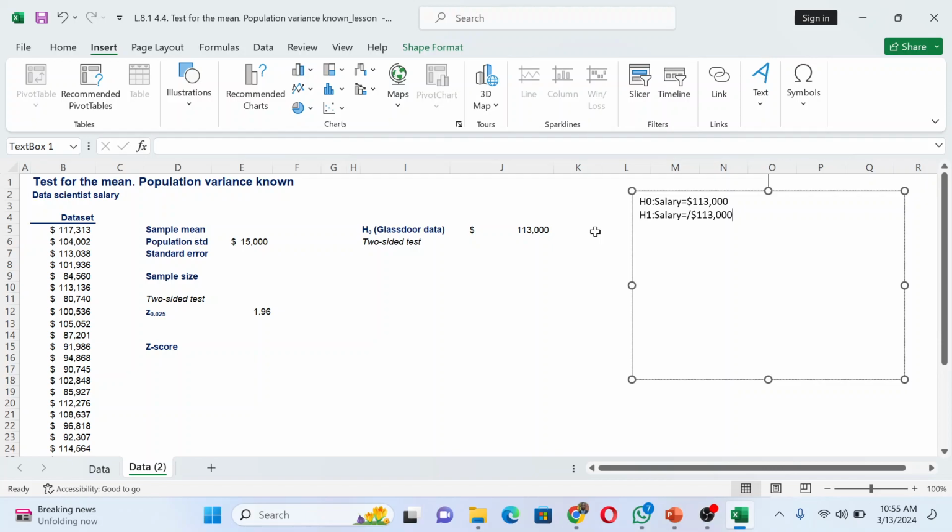To test this, first, based on our data, this is a test for the mean, whereby the population variance is known, and our sample size is 30. Are we together? Because we are going to use two methods.